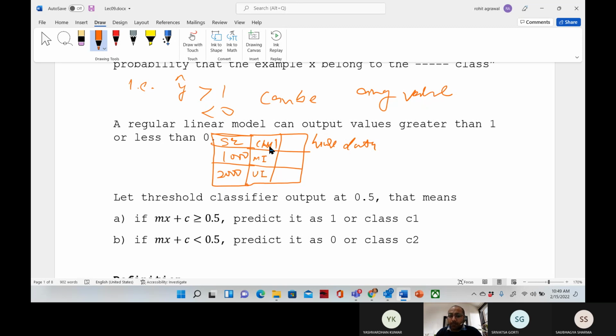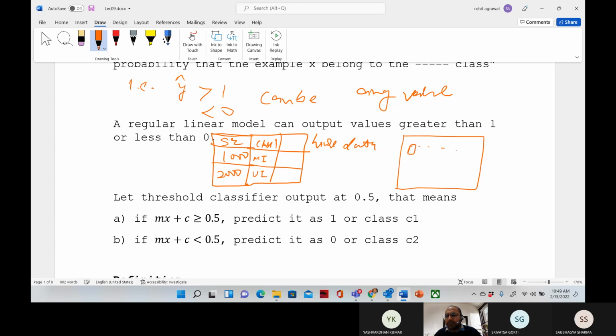So this time we are not going to predict the price of the house, we are going to predict which house is in the middle income group or which is in the upper income group. So we are just predicting their class instead of predicting the real value, their price.